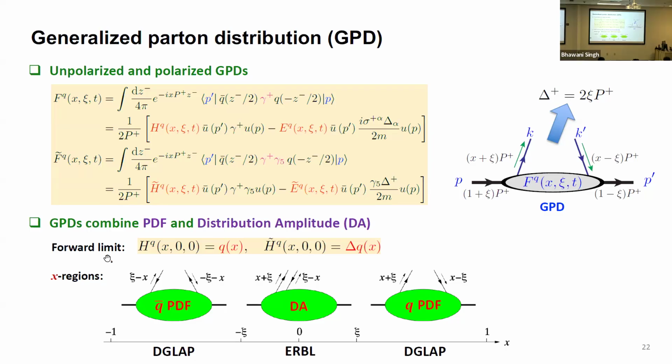We've seen the definitions of GPDs and a brief physical picture for the GPDs as three different regions: two DGLAP regions for quark and anti-quark, and one distribution amplitude region. Similarly, we can have the picture for gluon GPDs, but I will not talk about that today.